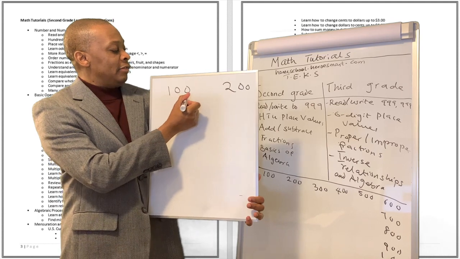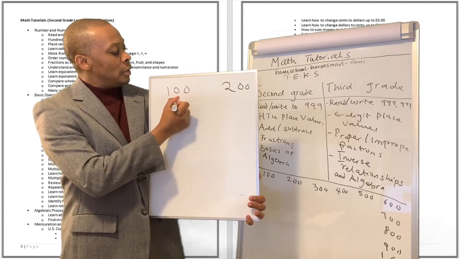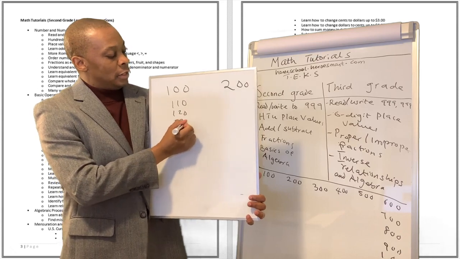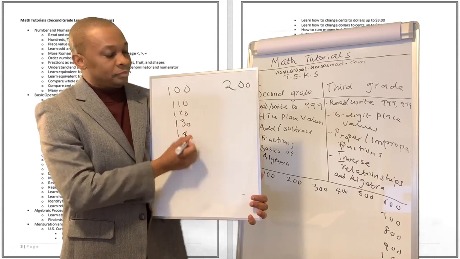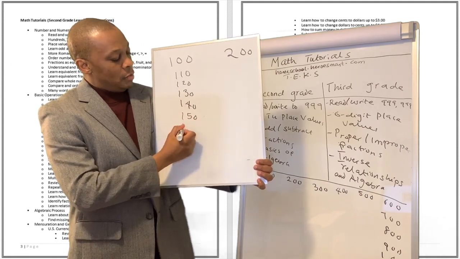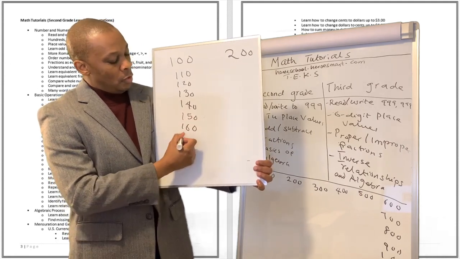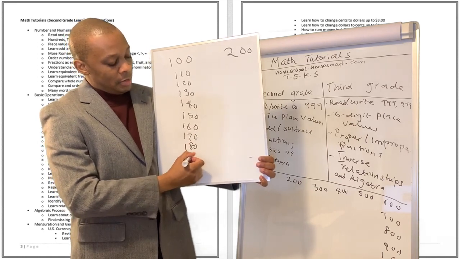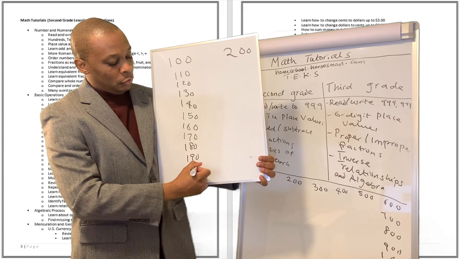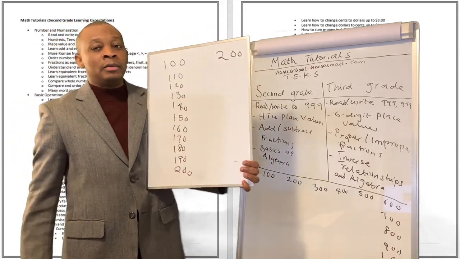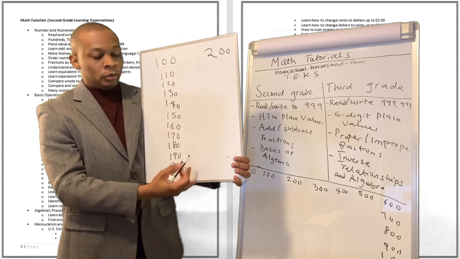So you're going to say after 100, there comes 110, 120, 130, 140, okay? 150, 160, 170, 180, 190, and 200. So we counted by tens right now from 100 to 200.